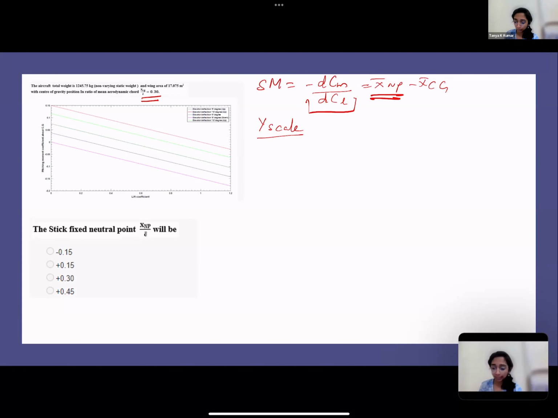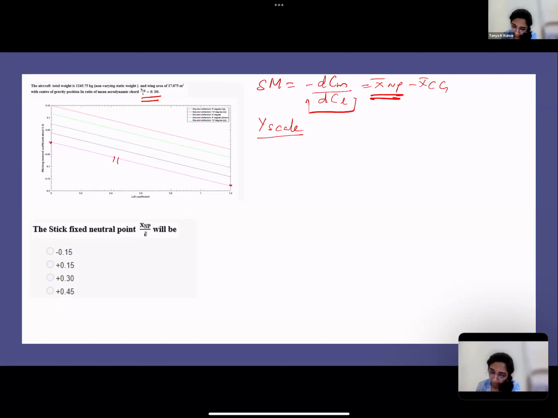So let's take this pink line, this first line. Let's take this point and this point, okay? Take those 2 points and we'll find the slope. So tell me how you will proceed. First, we have to find out the scale of the y-axis.